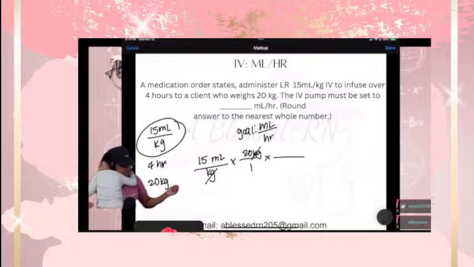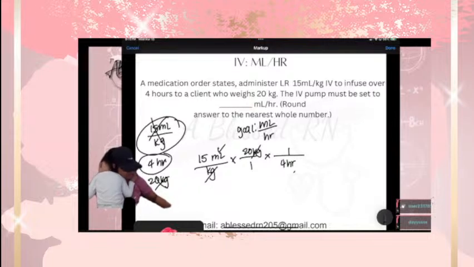And now we need hours at the bottom. So our 4 hours will go on the bottom, and we'll put that 1 on the top this time. And now you have milliliters on the top and hours on the bottom. So we'll do 15 times 20 divided by 4. And that's going to be 75 milliliters per hour.